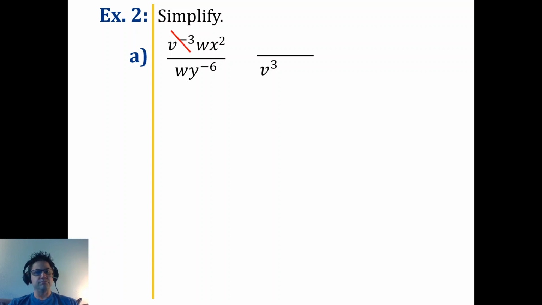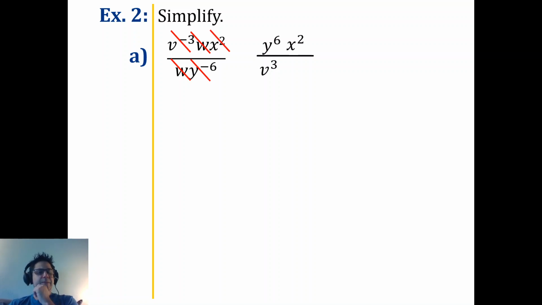So just put it at the bottom, denominator. Now, the w and w, notice how those are identical. Anything that you divide by itself is a 1, so technically those are gone. They divide out. The x looks good. The y needs to move.